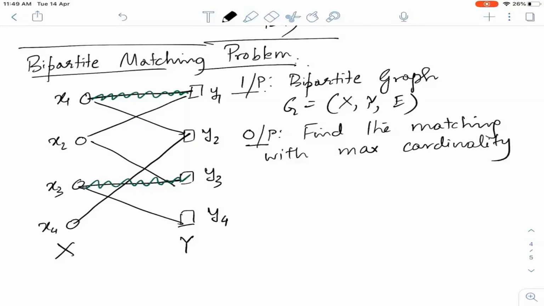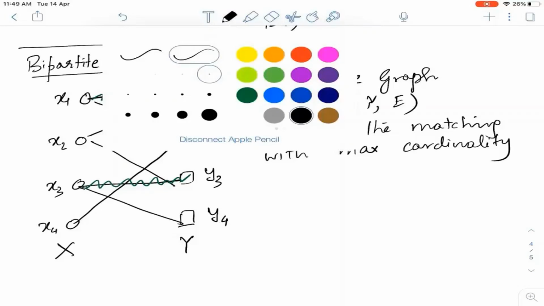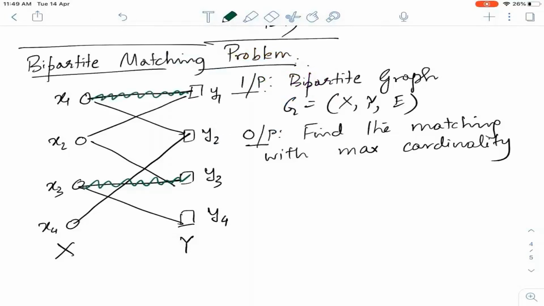Okay. So clearly now, there is one more edge that I can add to this matching, which is this edge. So I can add x4, y2 to my matching.